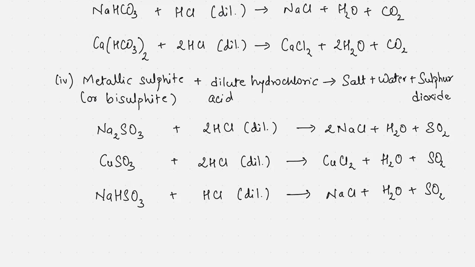So the observation here is the colorless gas evolved turns lime water milky and also turns acidified potassium dichromate from orange to clear green, or acidified potassium permanganate from pink to clear colorless.